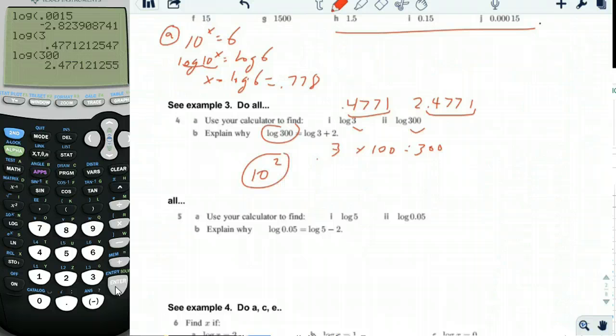So 10 squared is 100, or 2 is the log of 100. So can you see how if you want to change 3 to 300, you add the log of 100 to multiply by 100?